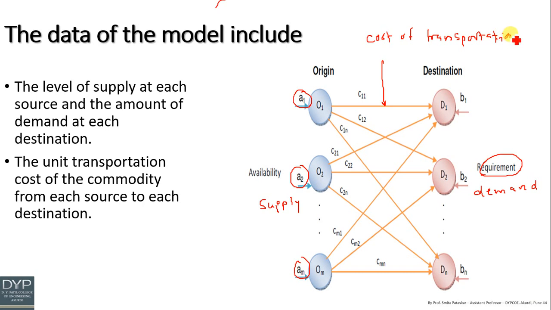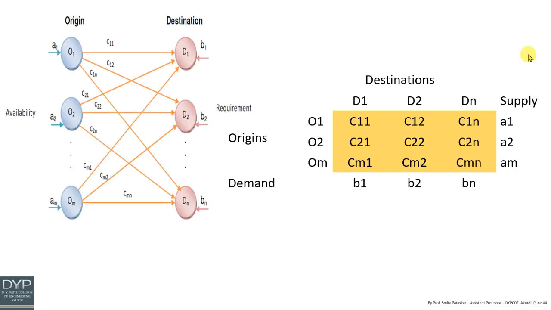Now this cost of transportation is given in terms of rupees per unit material. It may vary from origin to destination depending upon many reasons. So the transportation cost will be calculated between the origins and the destinations.